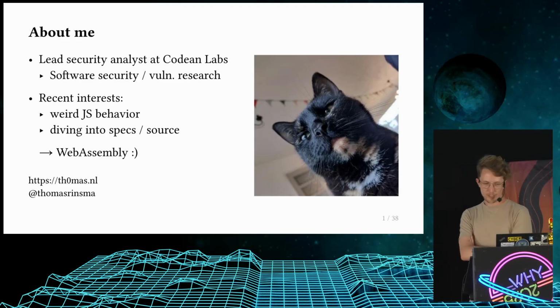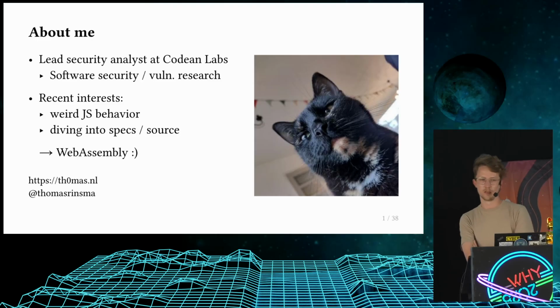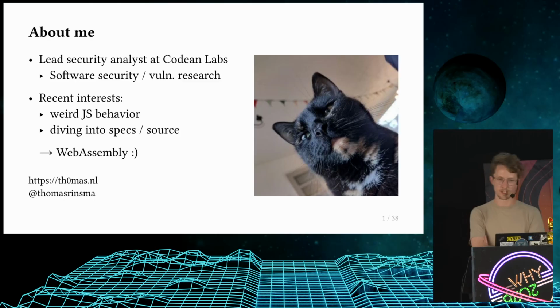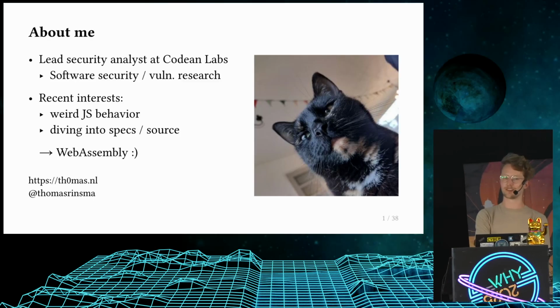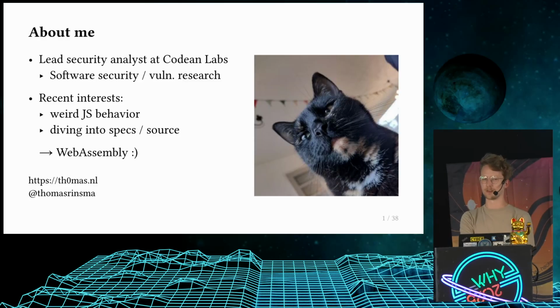So first, a little bit about me. I'm, as was said, a security analyst at a company called Codian Labs. It's a small Dutch pen testing firm, I guess. We try to do a bunch of things, but nowadays mainly application security testing, and that's a lot of modern web stuff, and hence it's gotten me more and more interested in weird JavaScript stuff, and hence I get to things like what we will get to here.